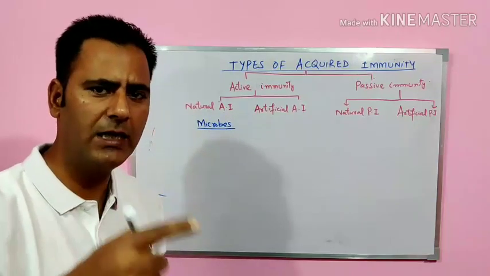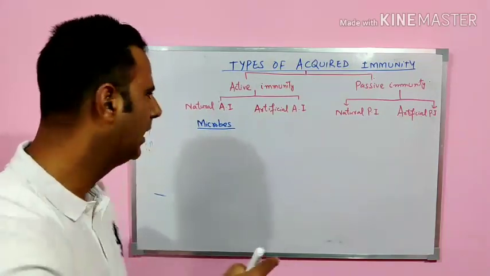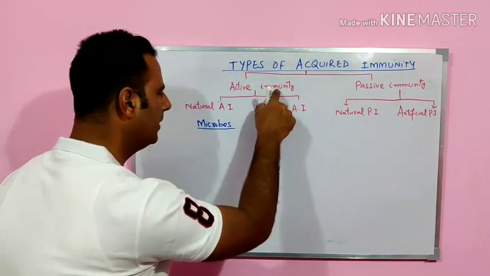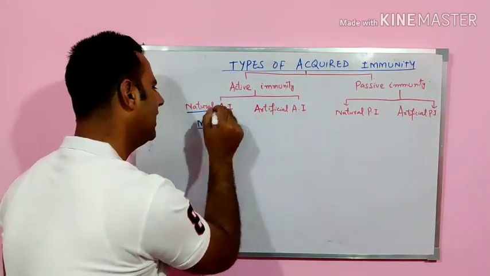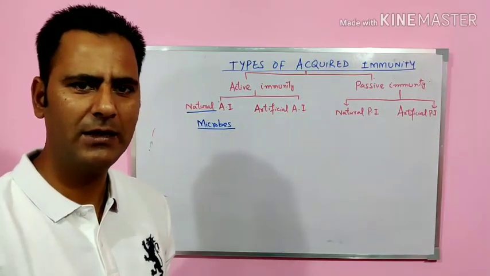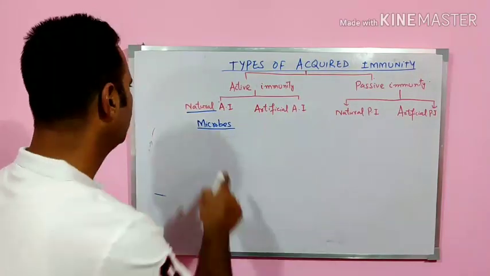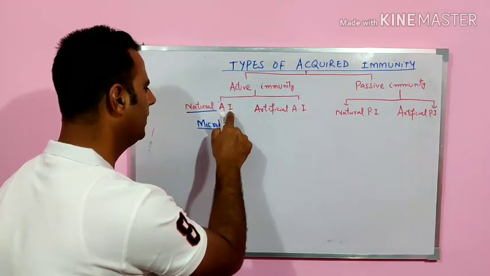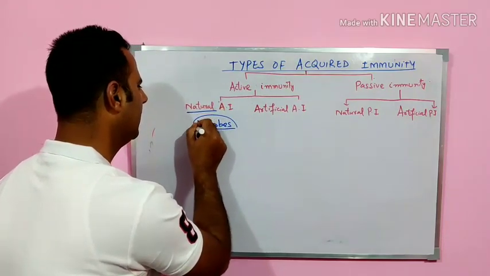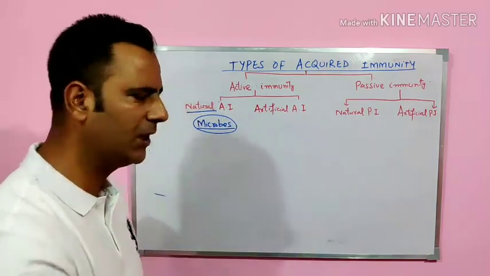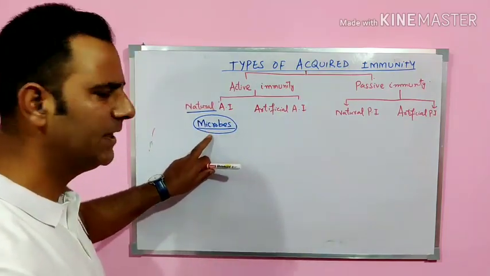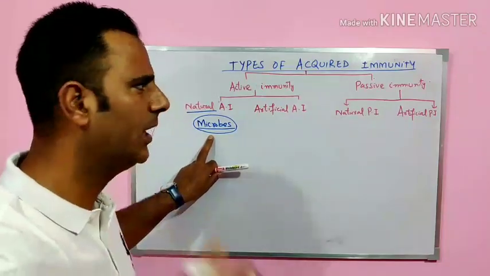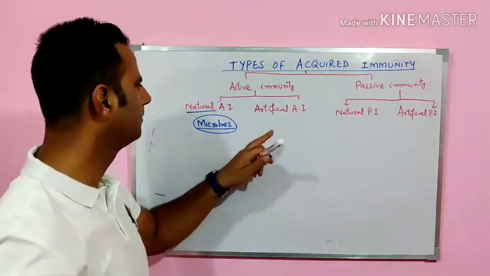It will produce antibodies in our body, and this type of immunity is active immunity but natural. It is naturally present in the body of any organism. So this is natural active immunity. Natural active immunity comes into the picture when there is any attack of any microbe, maybe a bacteria, virus, or any pathogen.